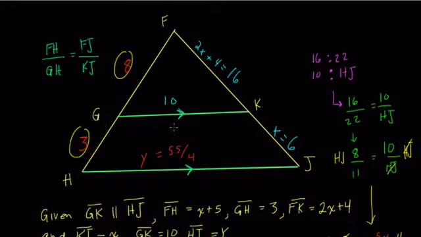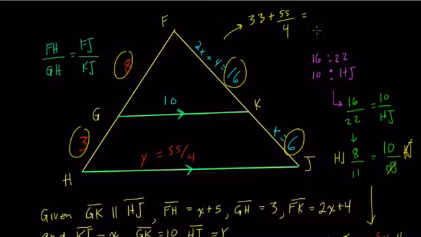So the perimeter then is just the sum of these numbers. 8 and 3 is 11, plus 16 is 27, plus 6 is 33, and then plus 55 fourths. So I might write it this way. You have 33 plus 55 over 4. How many times does 4 go into 55?